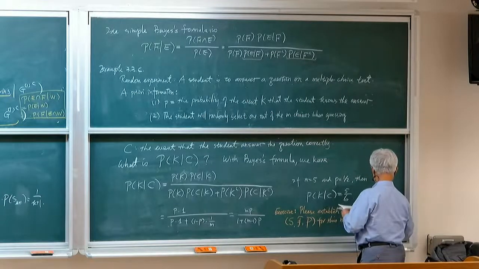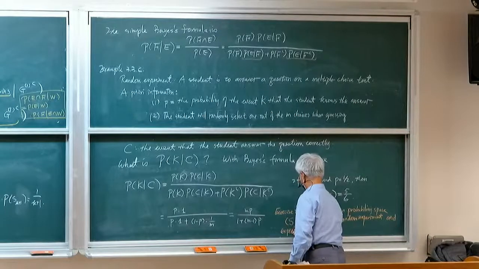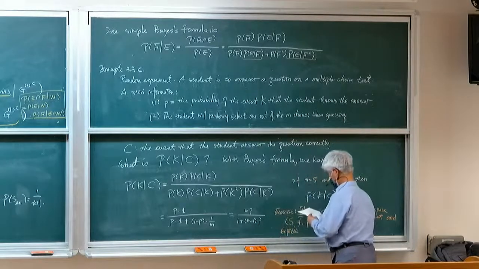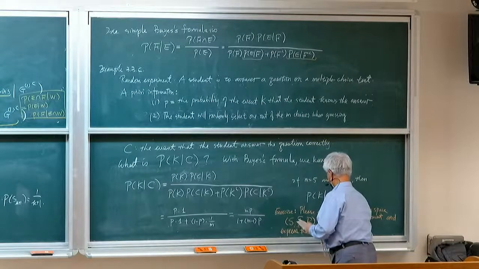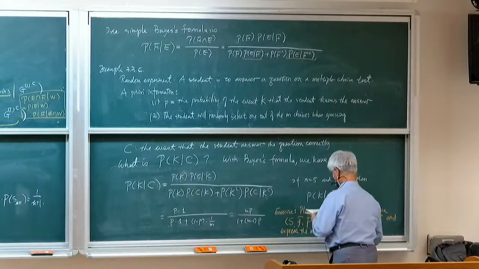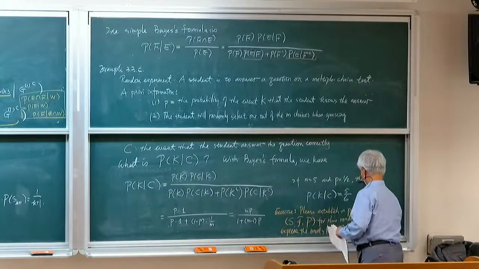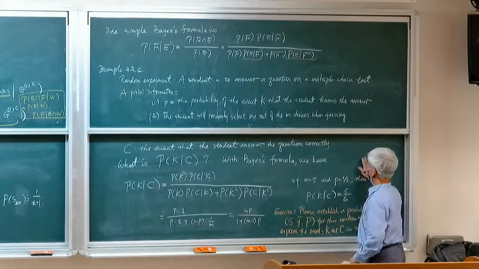And express the events K and C as subsets of the sample space. Okay?